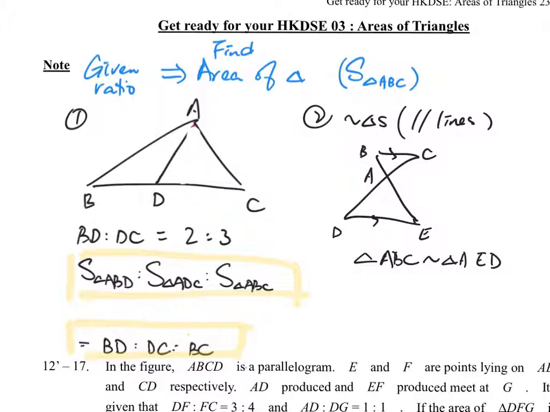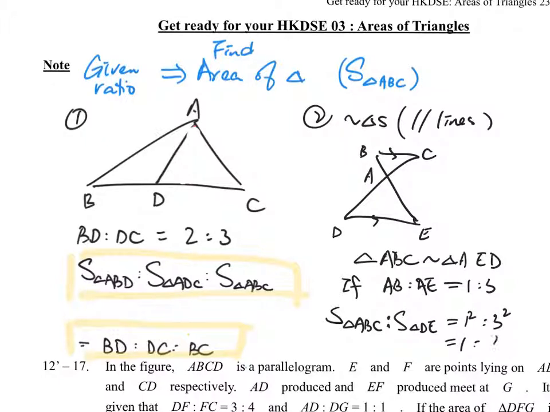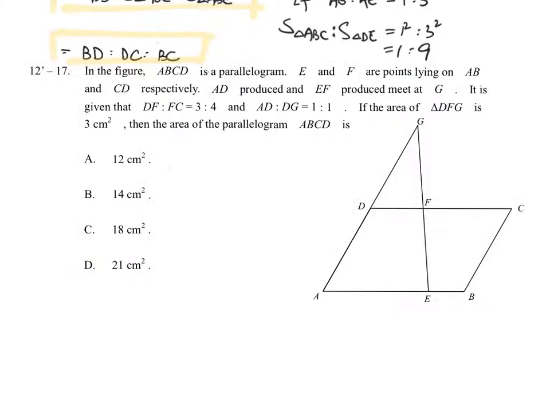So the triangles are similar. Now, if I tell you that AB to AE is equal to 1 to 3, then the area of triangle ABC to the area of triangle ADE is equal to 1 squared to 3 squared, which is 1 to 9. This is a concept you have learned in Form 3.